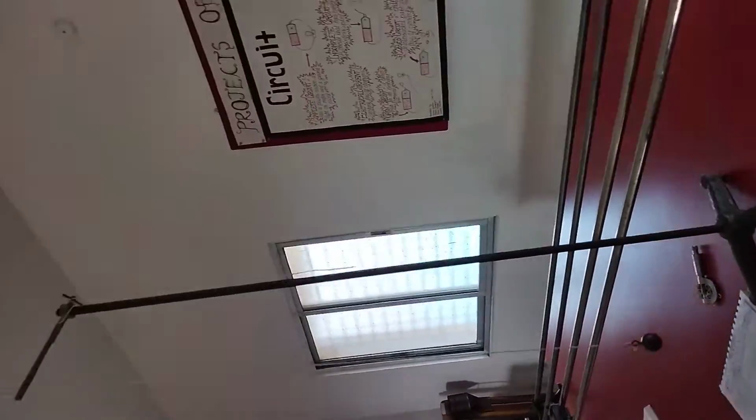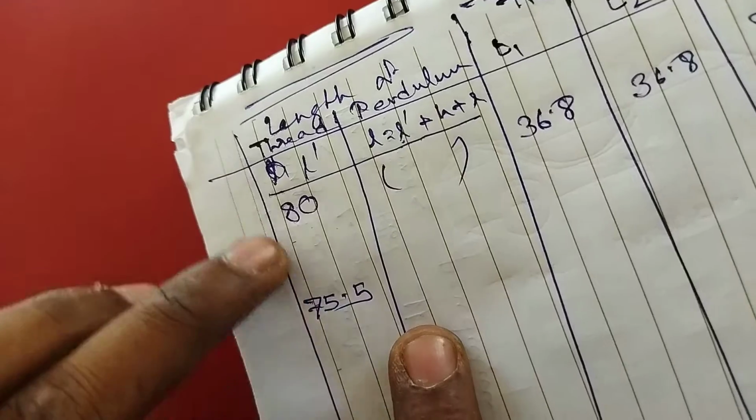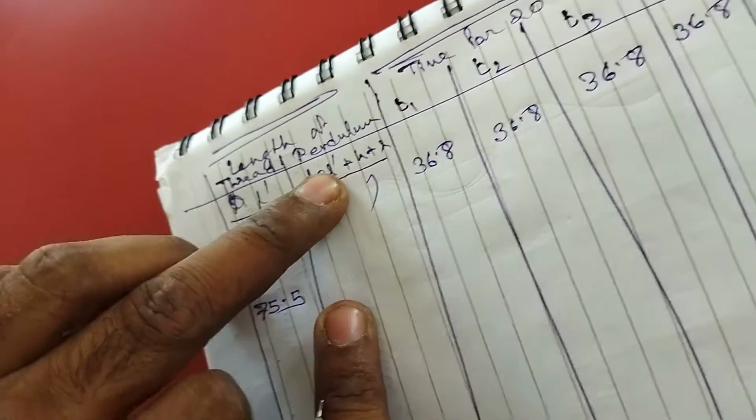And I am going to measure the length again. 75.5. So my new length is 75.5. Just like the same one, my L prime is 75.5.